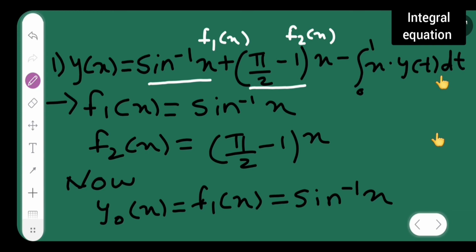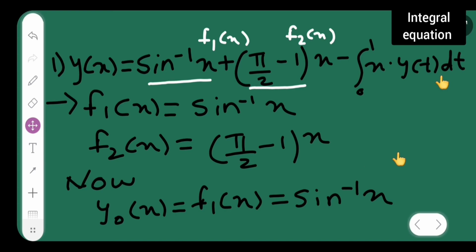Is that clear? Next, what is my f1(x)? f1(x) is equal to sin⁻¹(x), and f2(x) is equal to (π/2 − 1)x, this part. Now, what is my y0(x)?